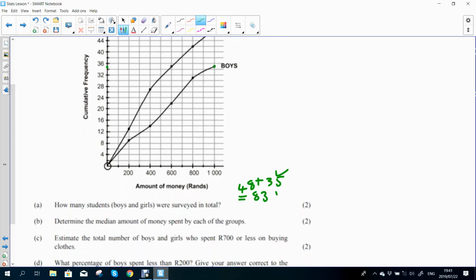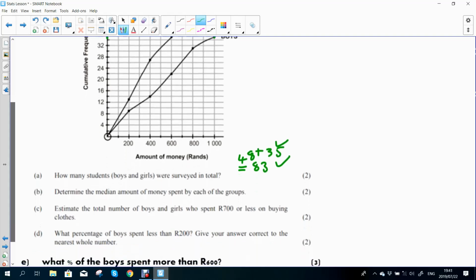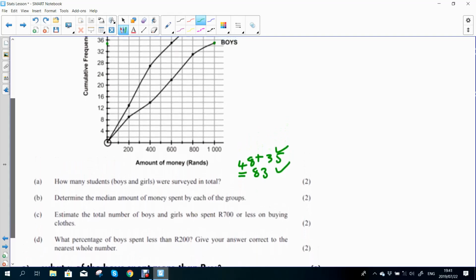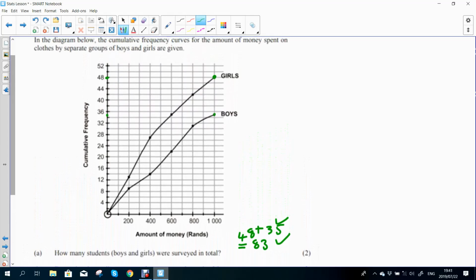So that's 2 marks. Determine the median amount of money spent by each group. So here you want to get half of 48, which is 24 for the girls. And we're going to read that off. That looks more or less like 350. So let's say about 350 for the girls.